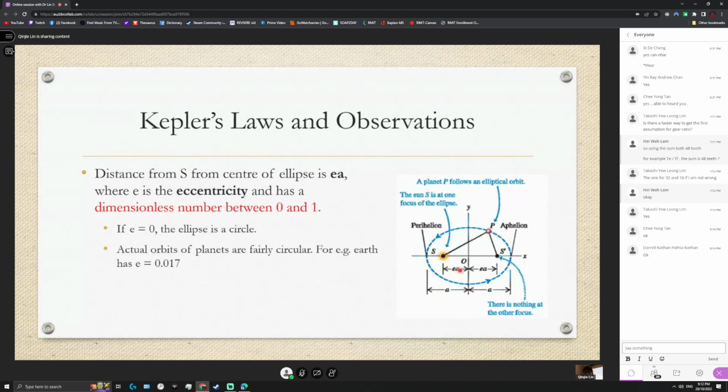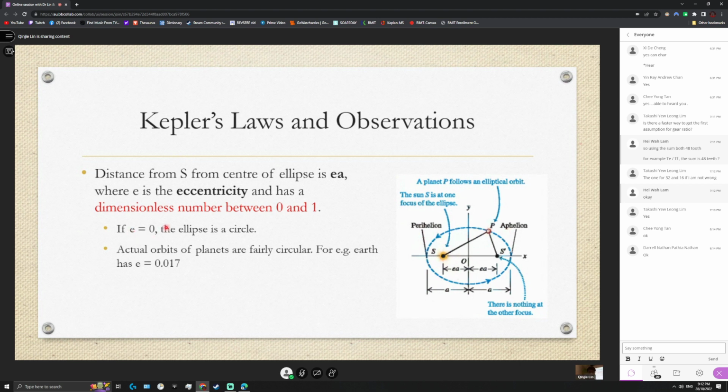So we multiply by some number from 0 to 1. If it's 1, it will equal A, right? If it's 0, it will just mean that the sun is right at the origin. That means the whole thing will become a circle. So we use this EA to describe how this ellipse will look.